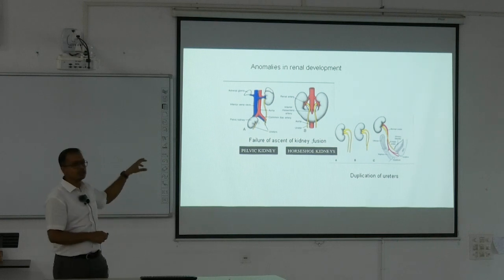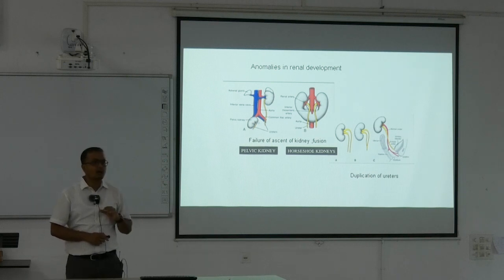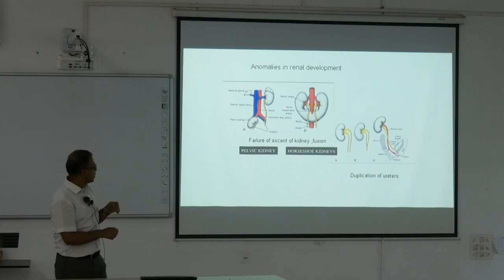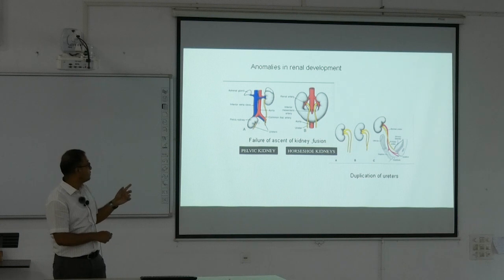Now the trouble with this horseshoe kidney is that it does not have any functional problem unless it gets arrested when it climbs up. As we mentioned, in the horseshoe kidney the lower poles remain united in the sacral region, and it climbs up to the sub-diaphragm region. When this lower-pole-united kidney climbs up, it can get arrested by the ventral branches of the abdominal aorta.